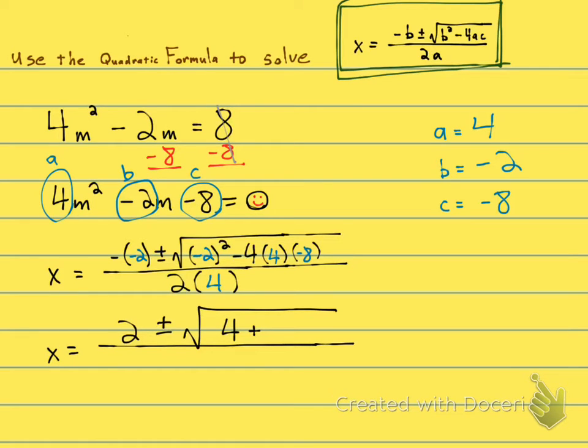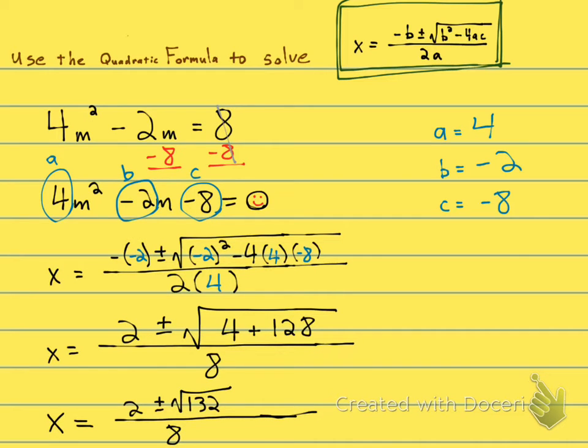Let me get my calculator. It's 128, over 2 times 4, which is 8. All right, keep going. X equals 2 plus or minus the square root of 4 plus 128, that's 132, all over 8.